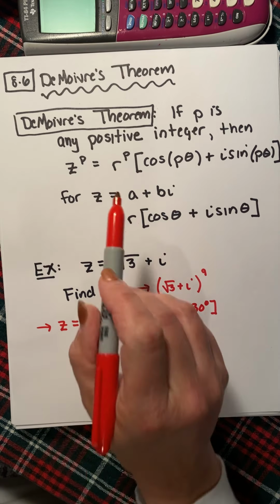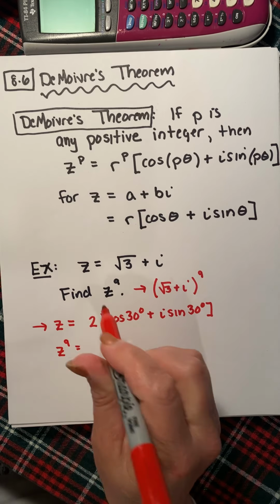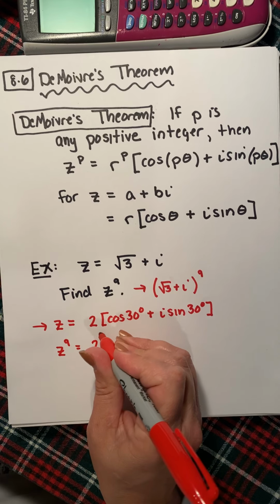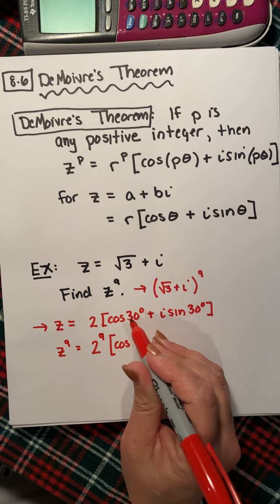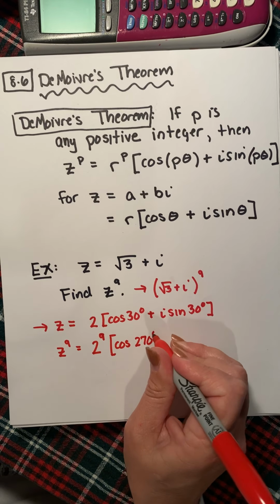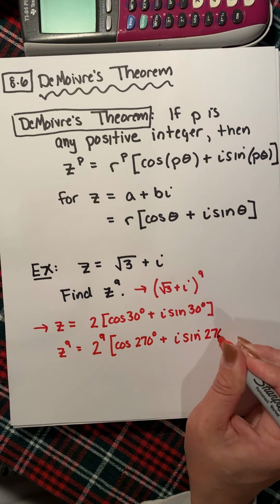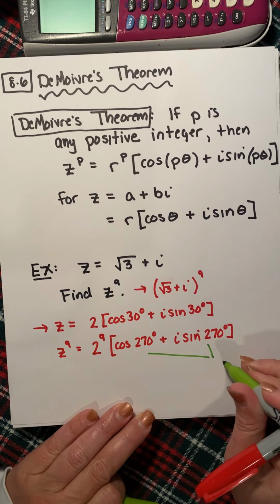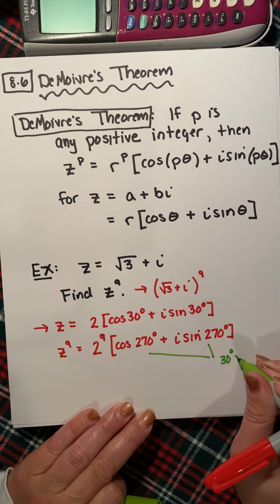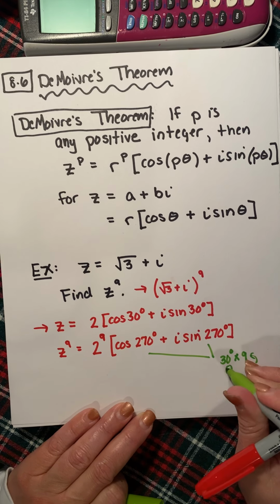So now, according to De Moivre's theorem, if we raise z to the 9th power, it says that's equivalent to raising the modulus to the 9th power times the cosine of 30 times 9, which is 270 degrees, plus i sine of 270 degrees, right? We got the 270 degrees because p was 9, and this was my argument.